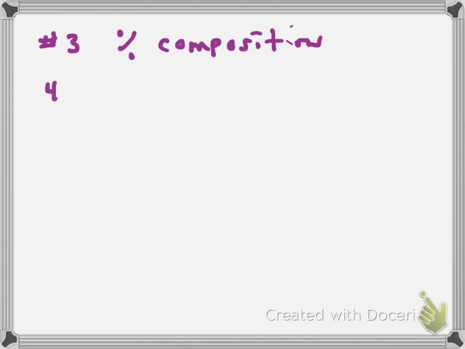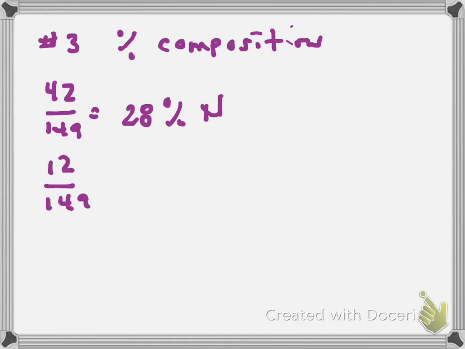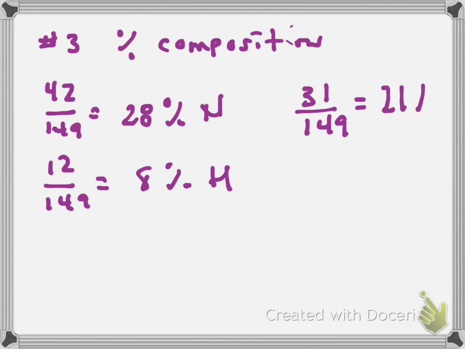We have 42 over 149. That equals 28% nitrogen. We have 12 over 149, and that equals 8% hydrogen. We have 31 over 149, and that is 21% phosphorus.